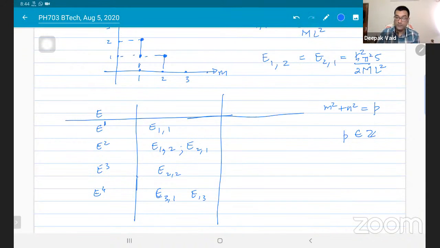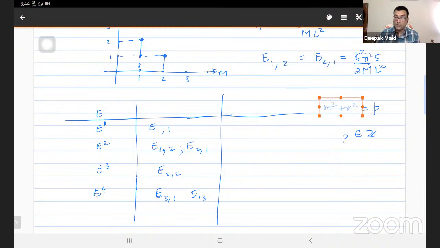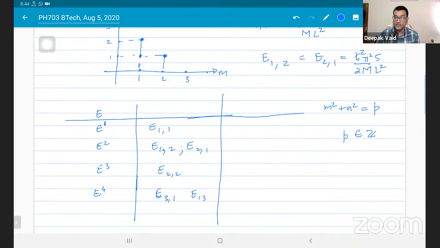So when p becomes large, like 15, 20 or something, you will have more and more possible combinations of m and n, such that m square plus n square will give you p, right? So this is the energy, these are the possible states.